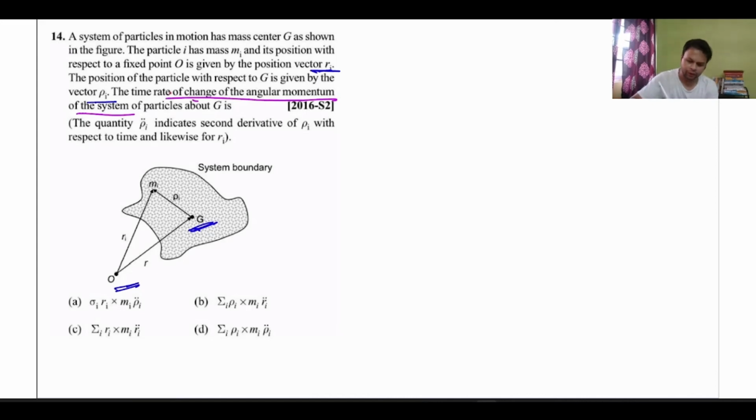Now, first of all, you'll have to understand what angular momentum is. Angular momentum is represented by L. Normally what we study is R cross P. What is R here? R is the position vector.